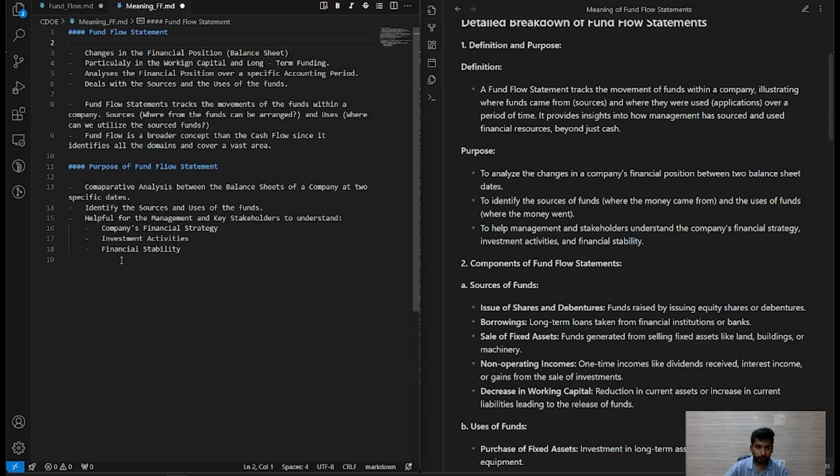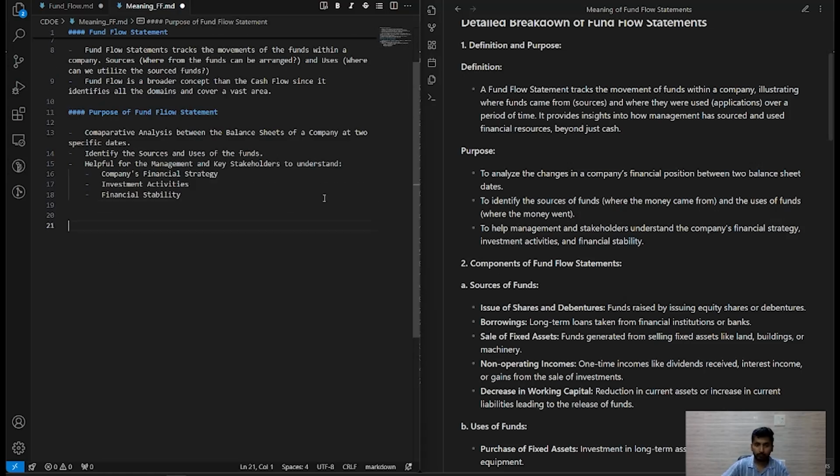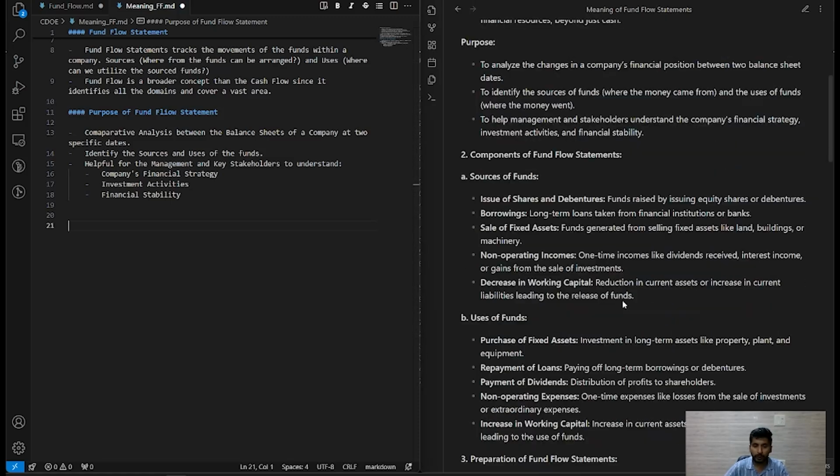Moving ahead further, let us talk about the main components of the fund flow statement.